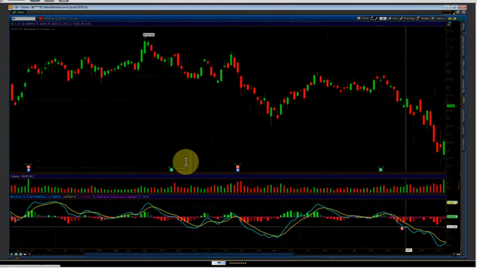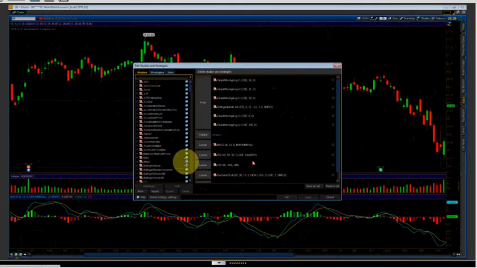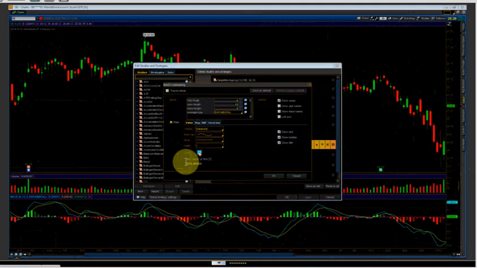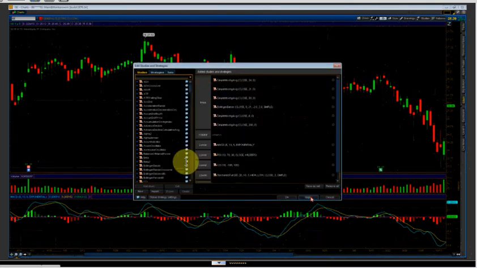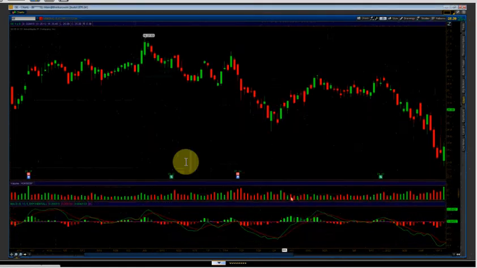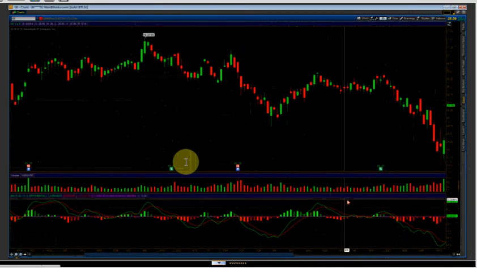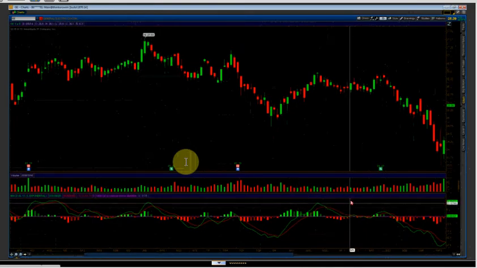One would just say, and actually let me change the colors of these just so it's more consistent with what most people would have on theirs. This would be a green line. And this would be a red line. And people would commonly say, if the green line crosses above the red line, you buy it. And if the red line crosses above the green line, you sell it.